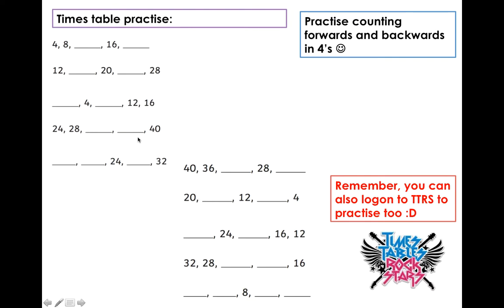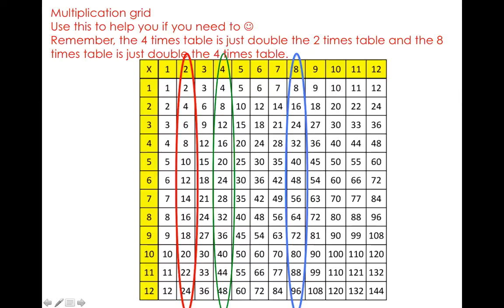So today we are going to do some counting forwards and then backwards in fours. Brilliant. Now, I've put a multiplication grid just to help you if you need it, with the times tables. But remember, keep practicing those, and you might like to log on to Times Table Rockstars or Hit the Button to help you as well.